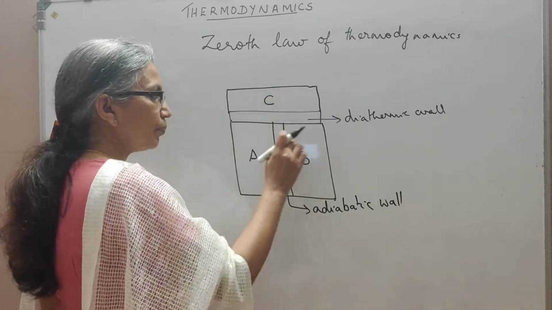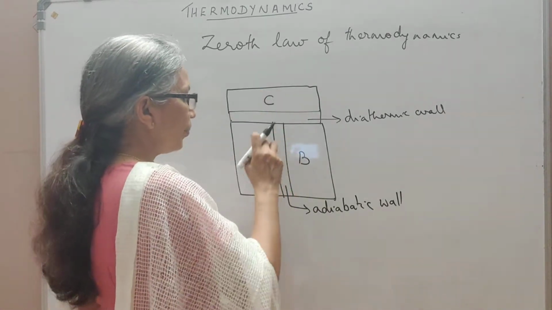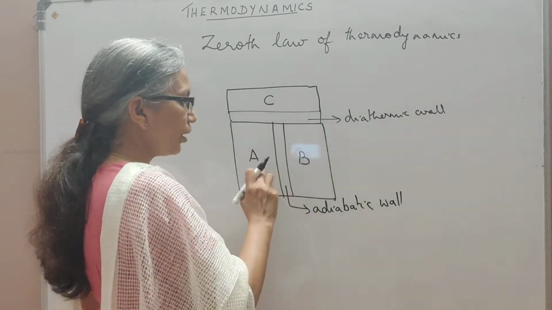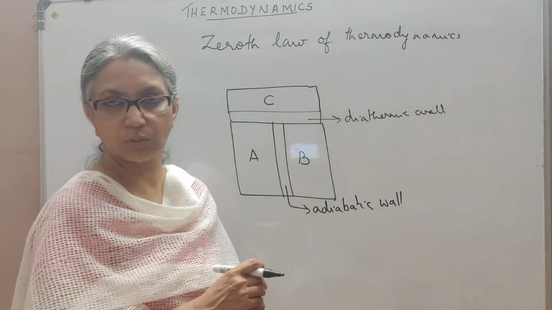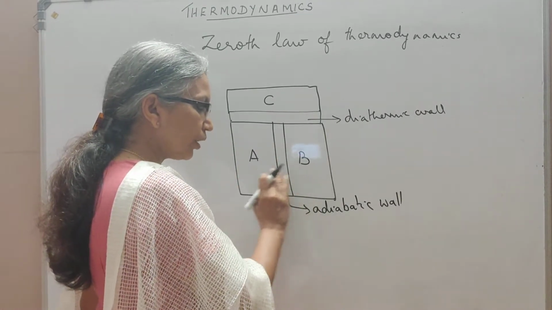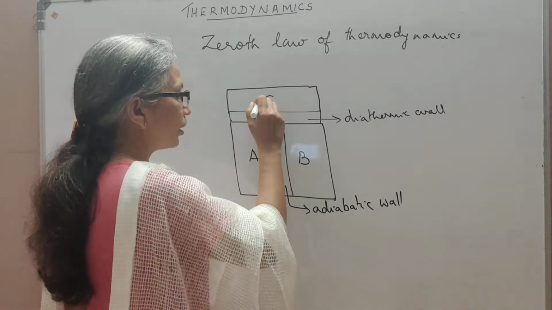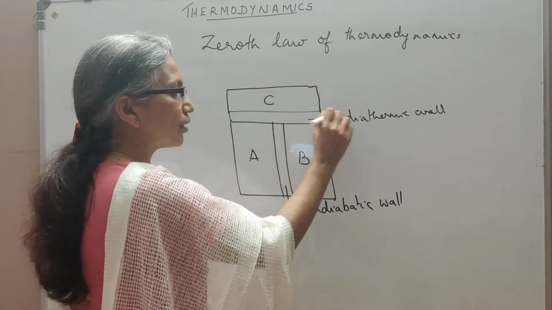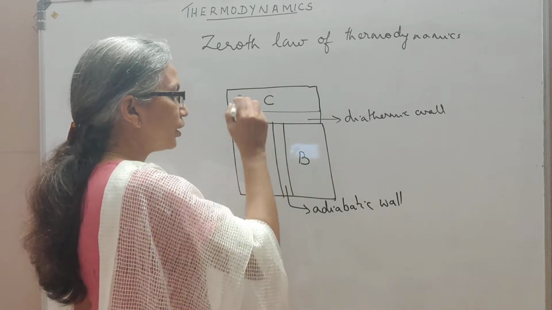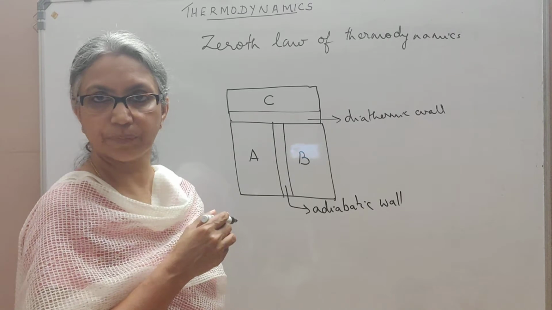So A, B and C are three systems, let's say gas in different containers. A and C are connected by a diathermic wall, so are B and C, but A and B are separated by an adiabatic wall. Even if A and B are at different temperatures, there will be heat transfer between A and C till they are in thermal equilibrium, which means they will have the same temperature.